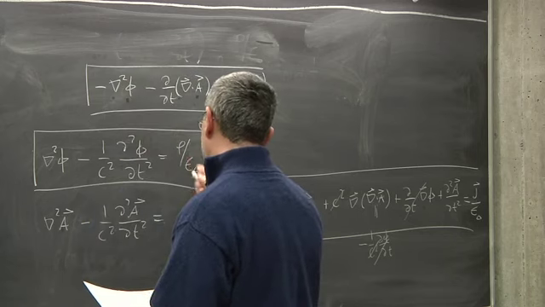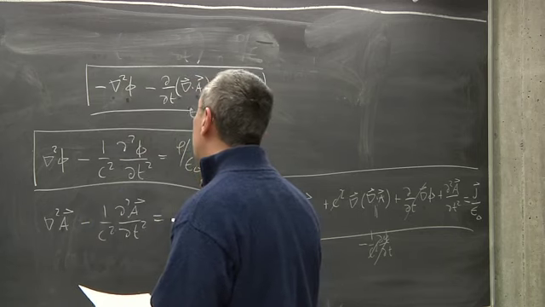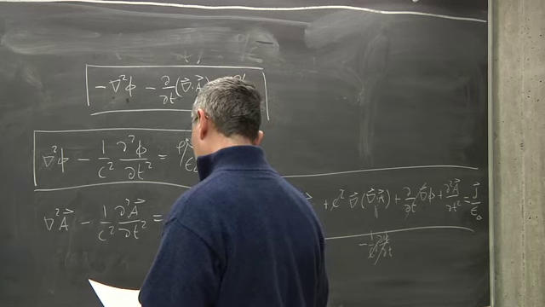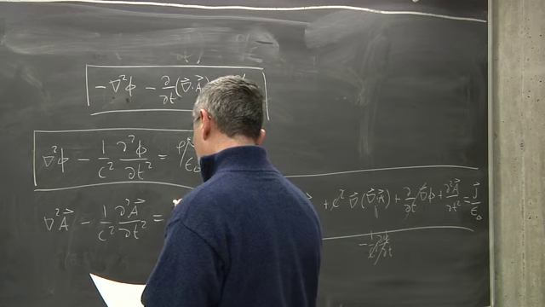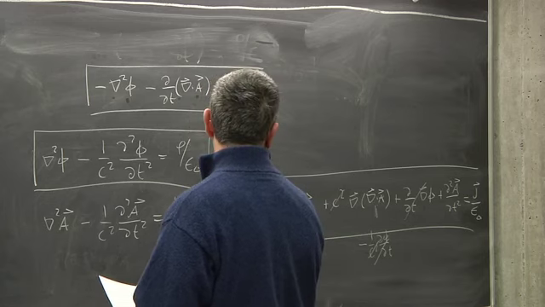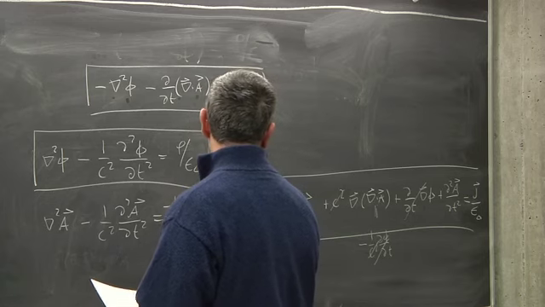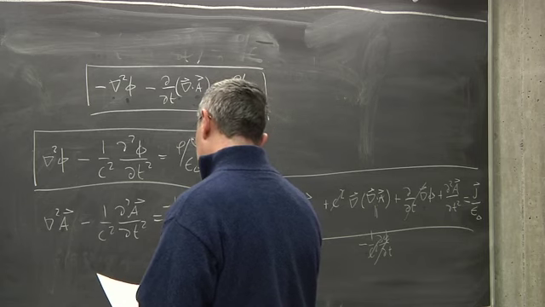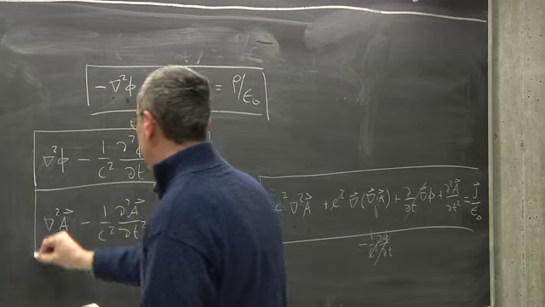Equal to, not rho, but this mu. I think it should be, there is a minus, then c squared epsilon naught, right? That is mu, but okay.